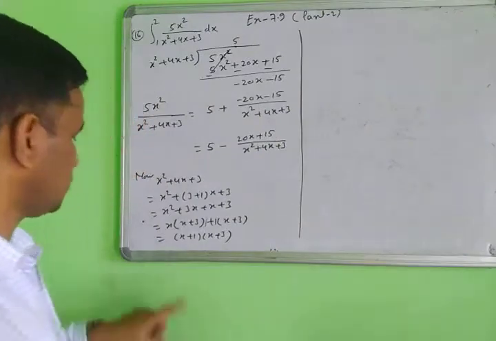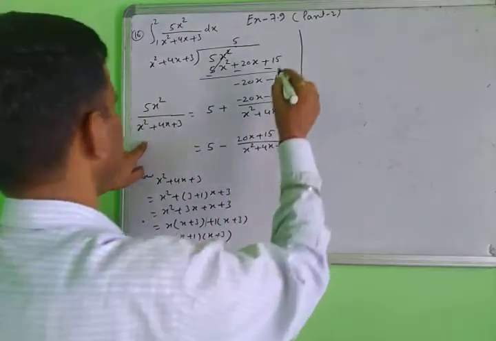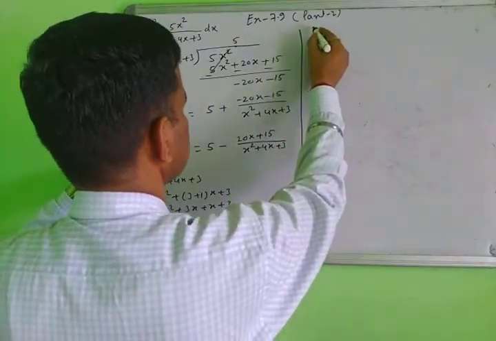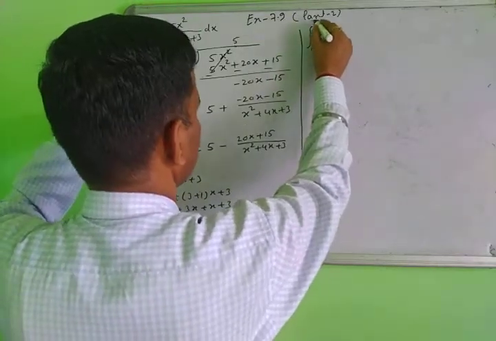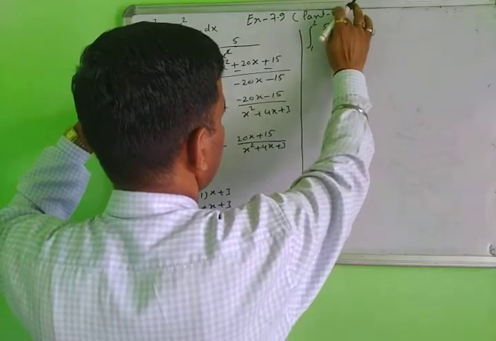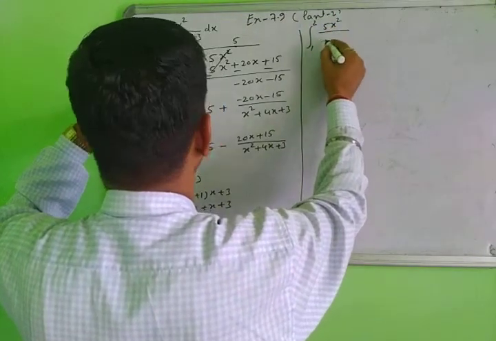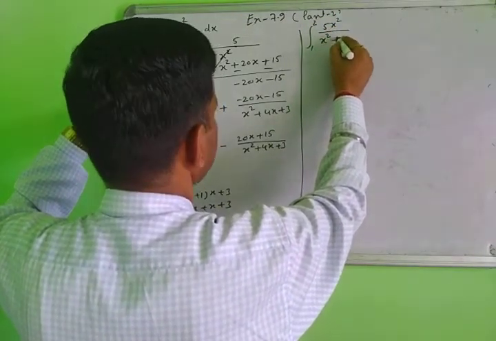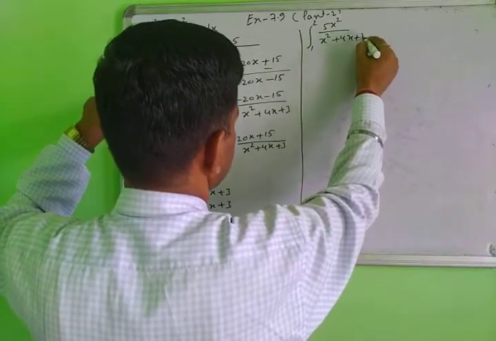You will write this portion here. What is the value of the integration of this? Integration from 1 to 2 of 5x square upon x square plus 4x plus 3.